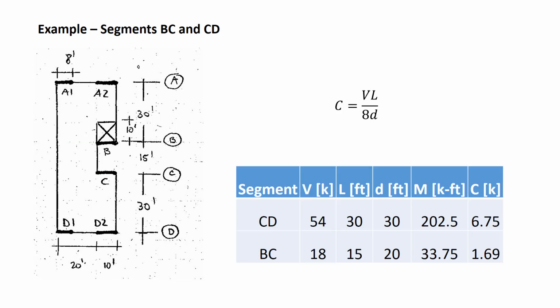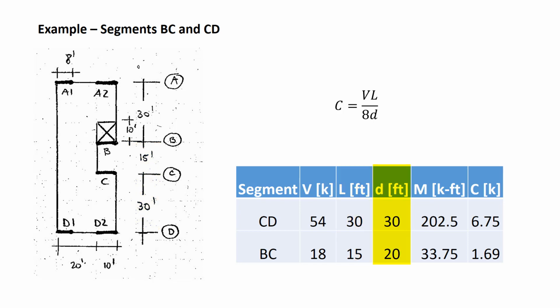In this table, I'm showing in the first column the name of the segment, in the second column the value of the shear force in that segment. We previously determined this in another video. In the third column is the length of that segment, 30 feet for CD, 15 feet for BC.